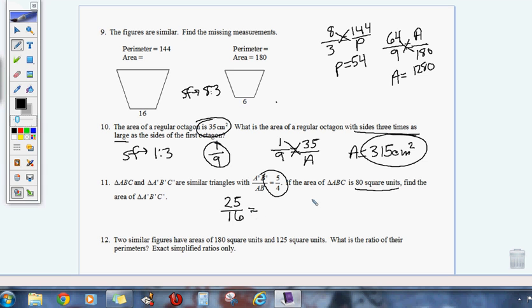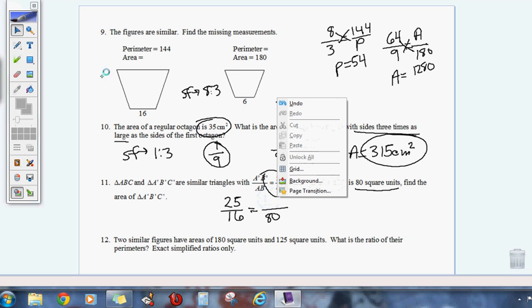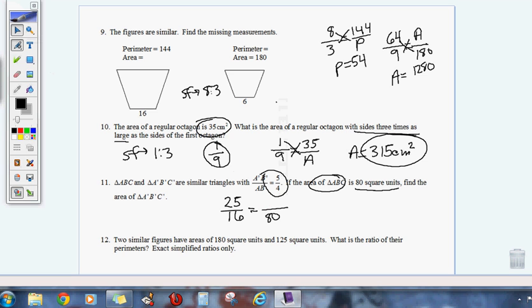And then they gave you the denominator here, so we're going to have that over 80, since triangle ABC corresponds to side AB there. The area that I'm looking for is up top, so we're going to cross multiply. And by now, I know you know how to cross multiply. After we do that, the area here comes out to 125 units squared would be the units on that.